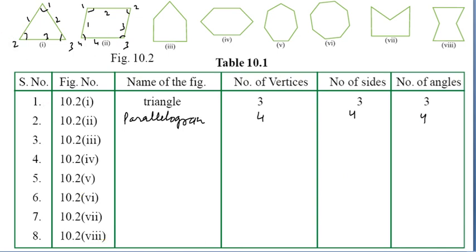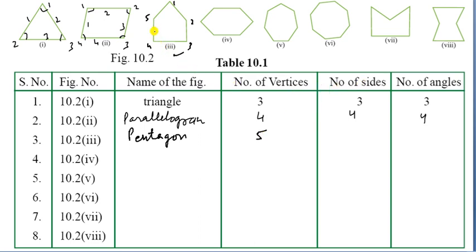Now come to figure 10.2, and that one is the third figure. It is a pentagon, so you can write here pentagon. The number of vertices you can count here is 1, 2, 3, 4, 5. So vertices is 5.